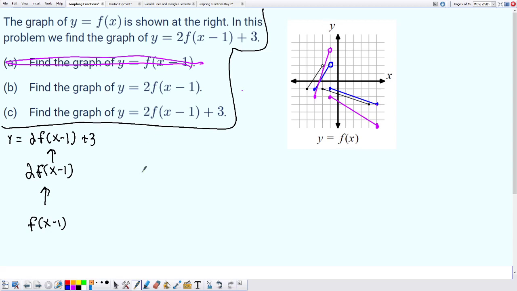Now, for the last step, all we have to do, and I'm going to do this part in red, is add 3 to your y value, since this plus 3 is on the outside. So let's take the pink graph and add 3 to the y values. So go up 3 on the y-axis.